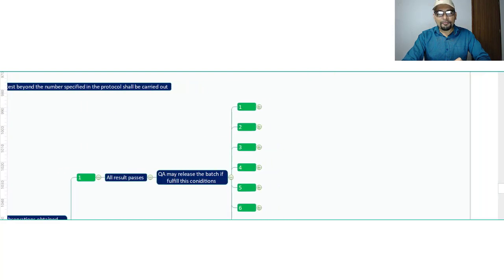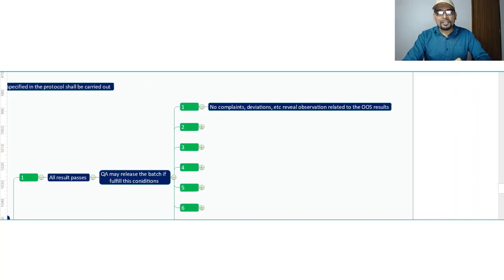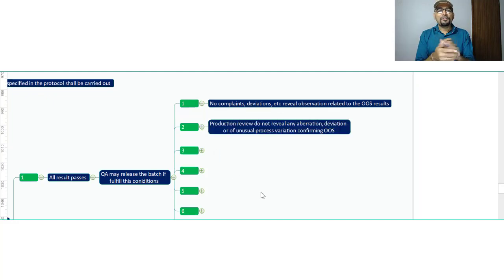If the QA head finds that for the batch under investigation there is no complaint or deviation, etc., that indicates that the QA can probably decide on releasing this batch. The second point is that the production review does not reveal any aberration, deviation, or unusual process variation confirming the OOS.